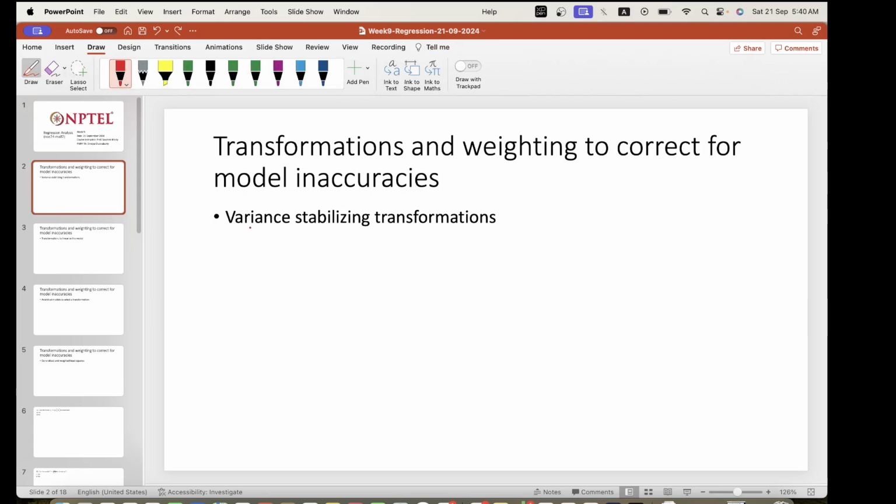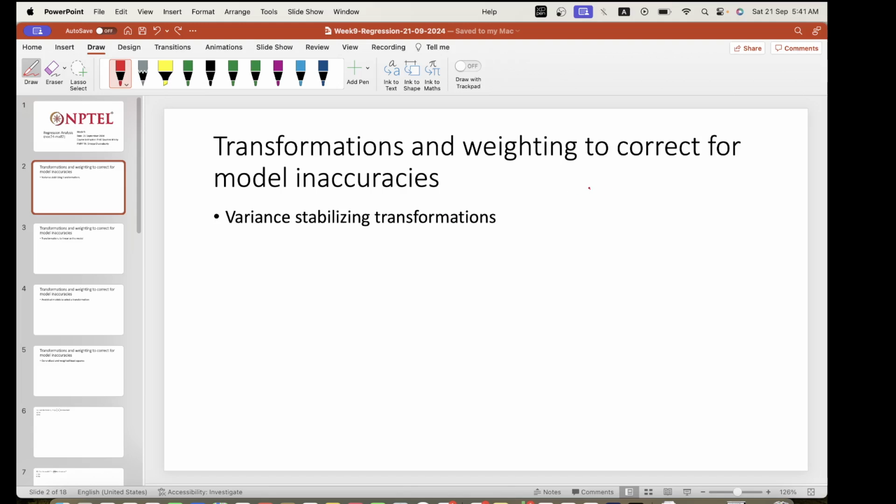So the first thing that we learned was variance stabilizing transformations. Now, what were these? These are transformations which we take into account when the usual Gauss-Markov assumptions fail.